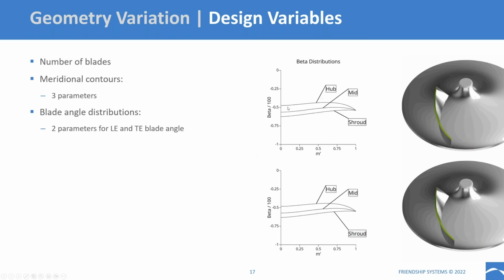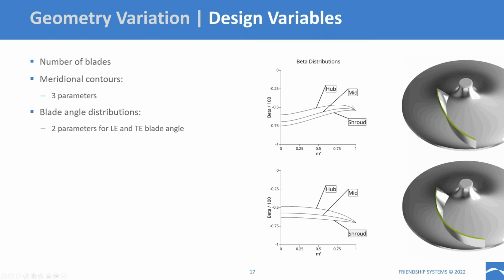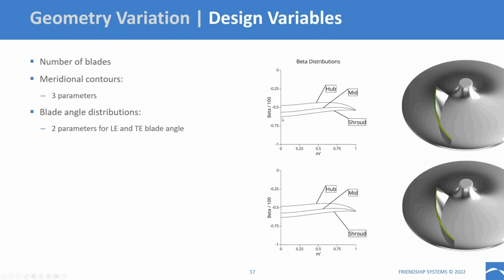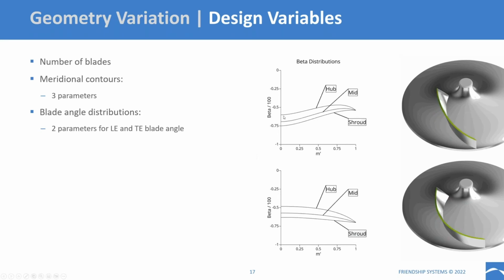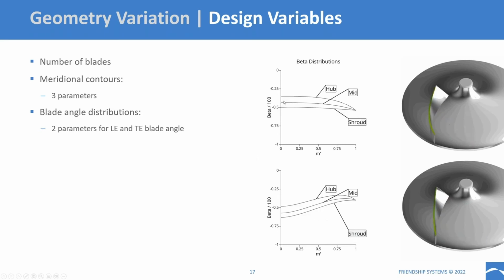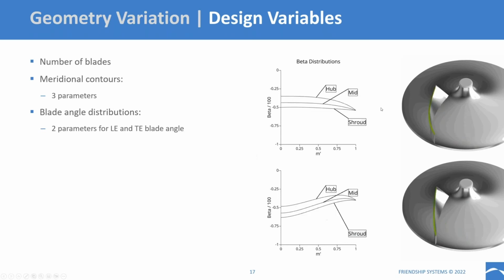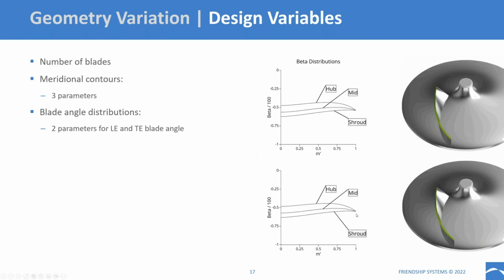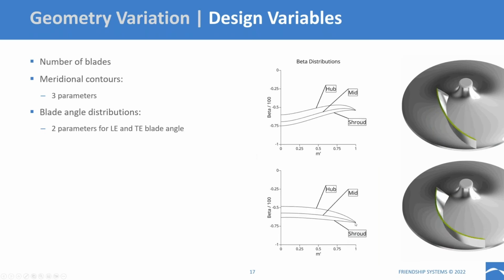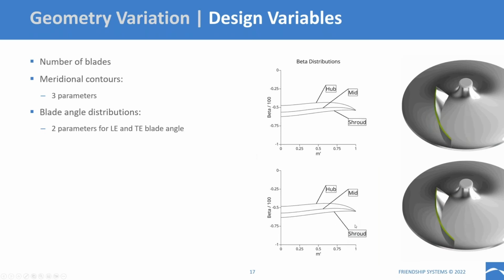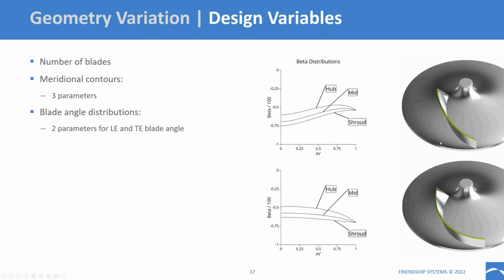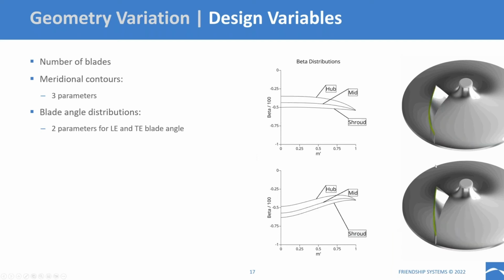So we basically control the hub beta distribution, and the shroud and mid are basically an offset value to that. So you can see they all change simultaneously. And the same thing we do here for the trailing edge blade angle. And you can see the effects that it has on the blade.